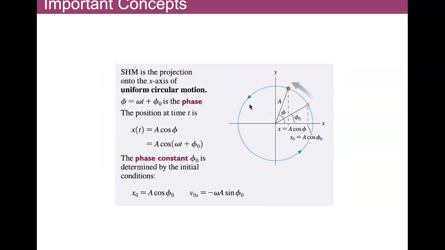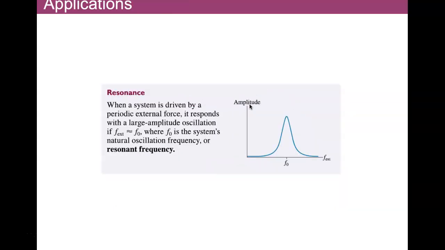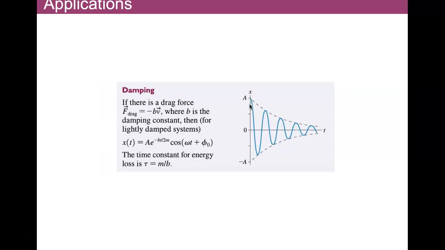We had this very useful mapping between circular motion and oscillatory motion. That was very helpful in problem solving, in finding, for example, the initial condition or the phase constant. And we briefly mentioned resonance and damping.